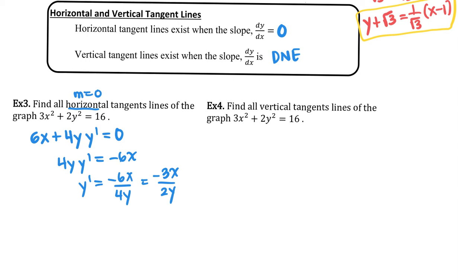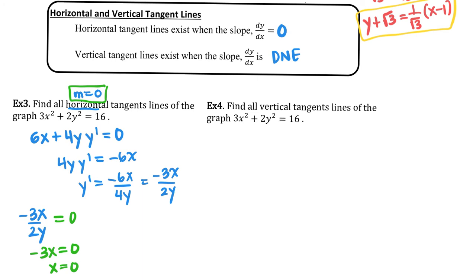Okay, now what am I trying to do? Since this is a horizontal tangent, I want this to equal 0. Okay, let's solve this. If I multiply by 2y, they cancel, so I get negative 3x equals 0, which means at x equals 0, there is a horizontal tangent. Okay, let's figure out what the y value is there, because a horizontal line should be y equals.